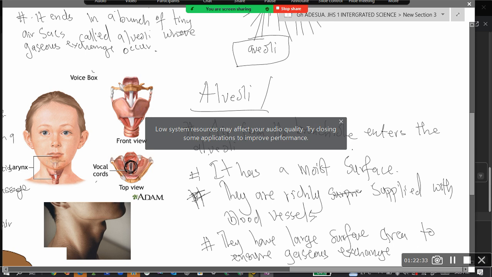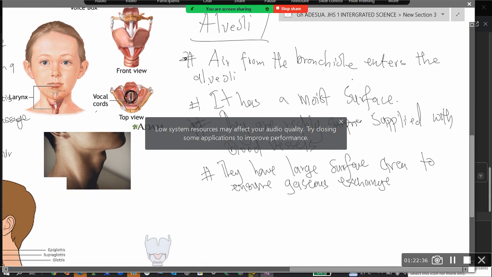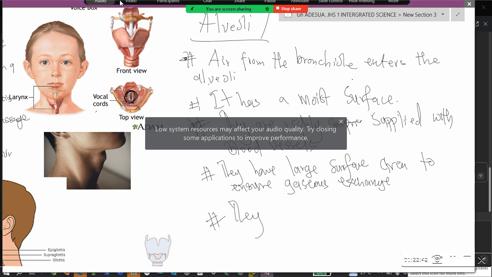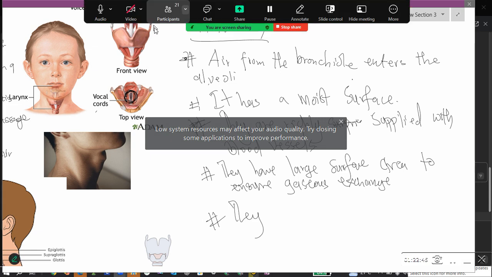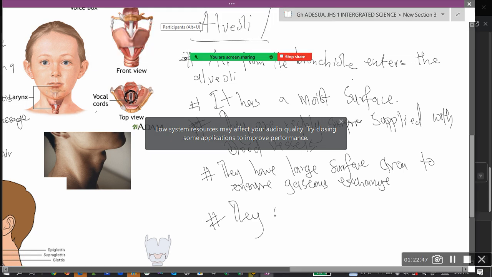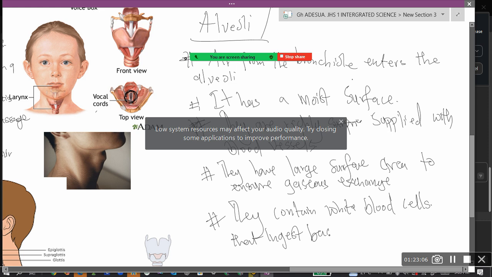And the last one, they contain white blood cells that ingest bacteria.